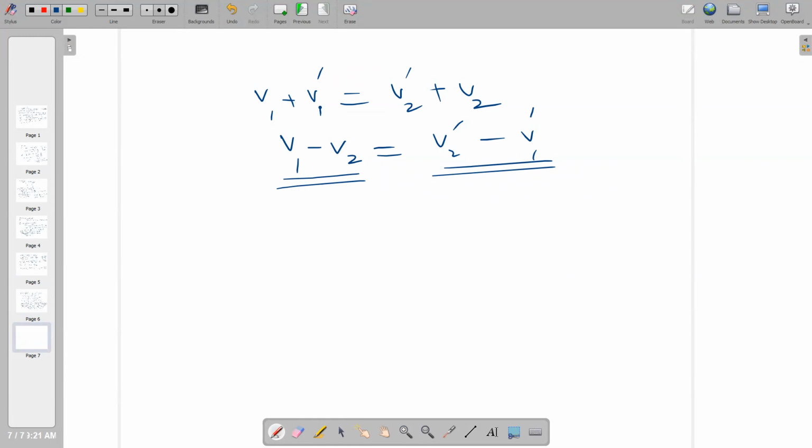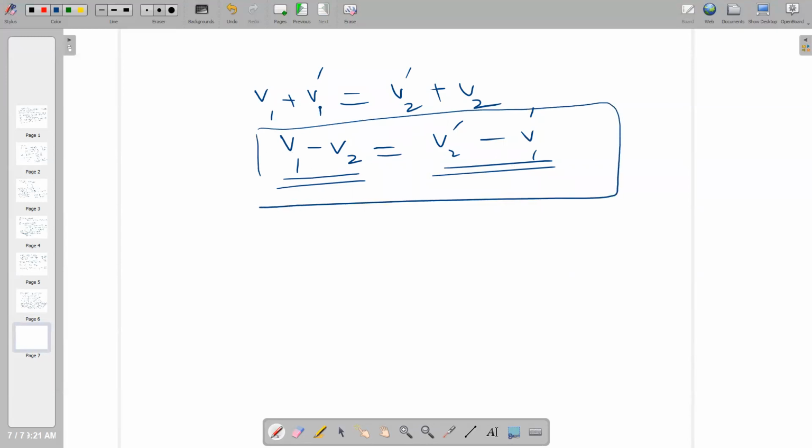So anyhow, you should just remember this one. Now what I want to do, I have equation number 1: m1 v1 plus m2 v2 is equal to m1 v1 dash plus m2 v2 dash.